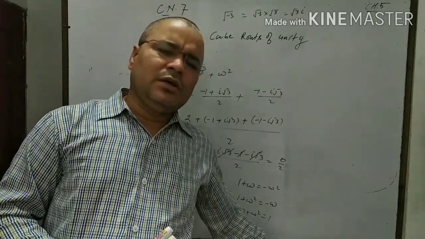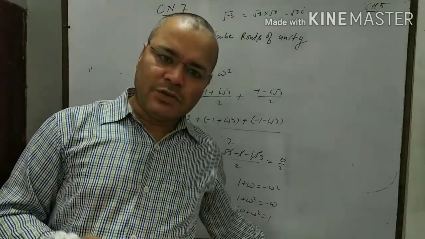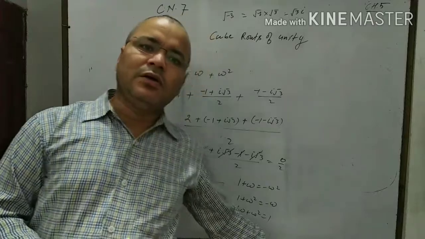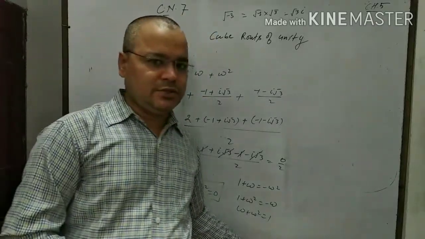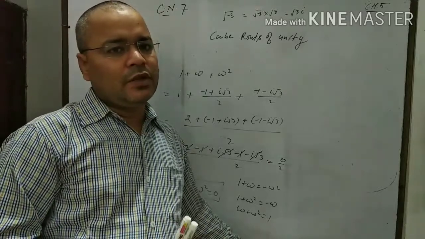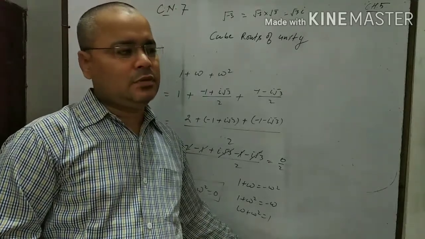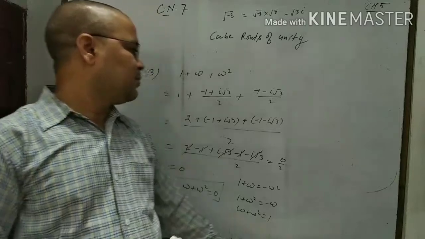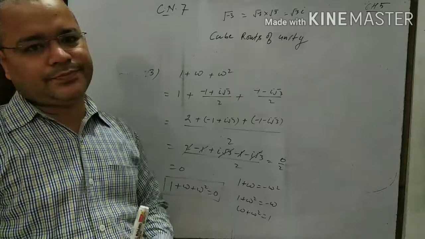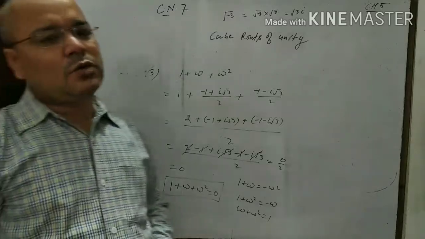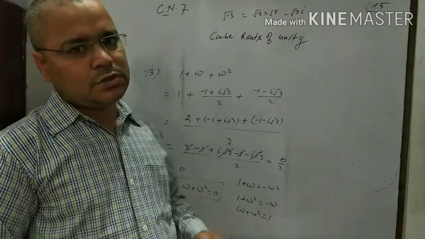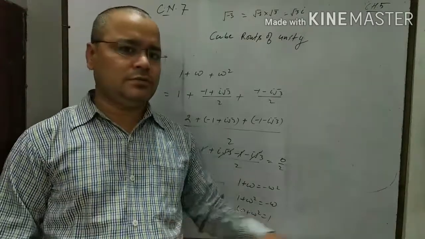Here we have one real root and two non-real roots of the cube root of unity. And these two non-real cube roots are conjugate to each other, and the modulus of the non-zero roots is equal to 1.